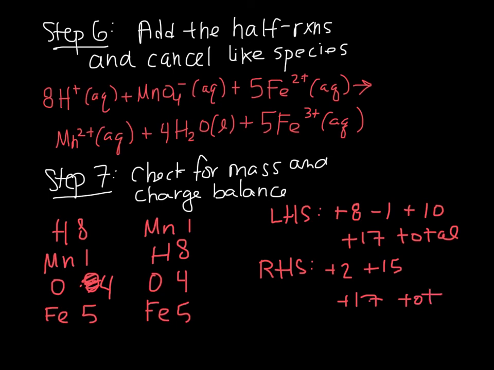So that's okay, it balances. So we have now balanced that reaction. The differences that you'll notice from the original reaction as written are that we now have these hydrogen ions, we have these water molecules, and in this case we have a different stoichiometric coefficient on the iron.